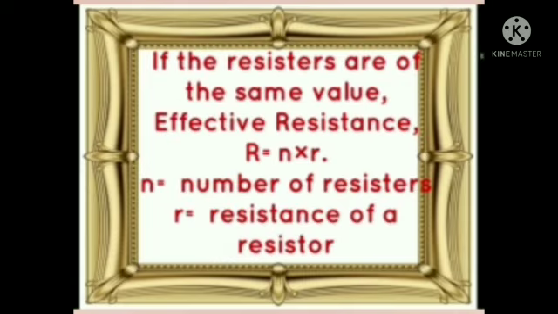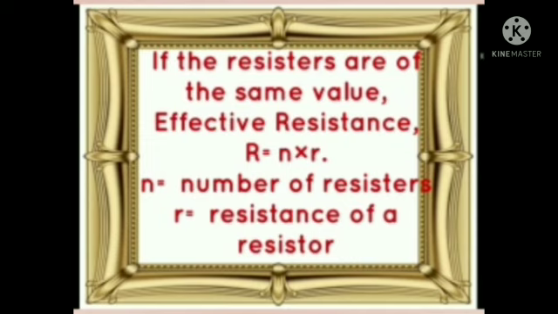Next, if the resistors are of the same value, then effective resistance is calculated by the equation R is equal to n into r, where n is the number of resistors and r is the resistance of a resistor.